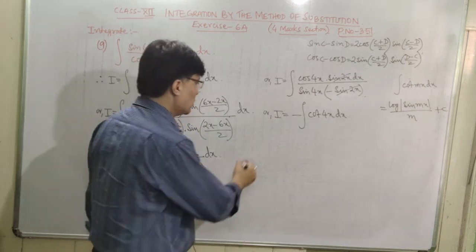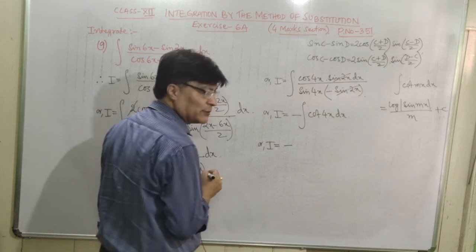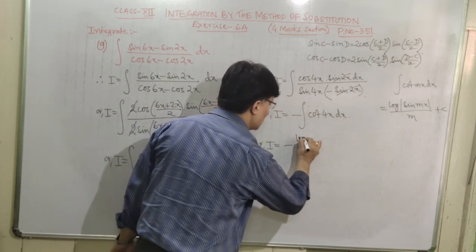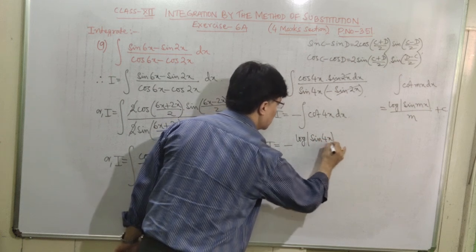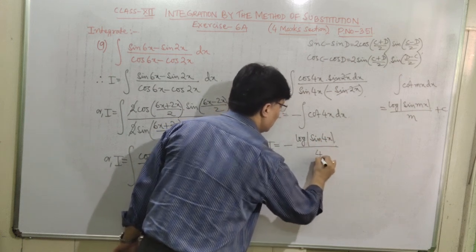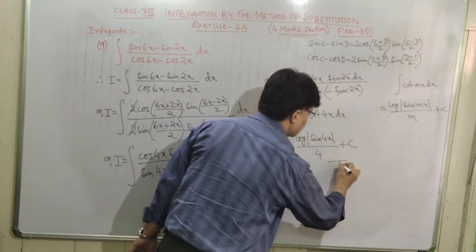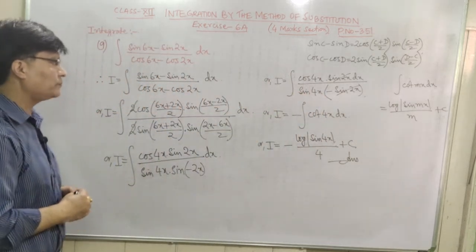So let us write down the formula here. I is equal to, the minus sign is kept as it is. So what is the integration of cot 4x? It is log within mod sin 4x whole divided by 4, since m is 4. Then you write plus c. So this is the final answer.